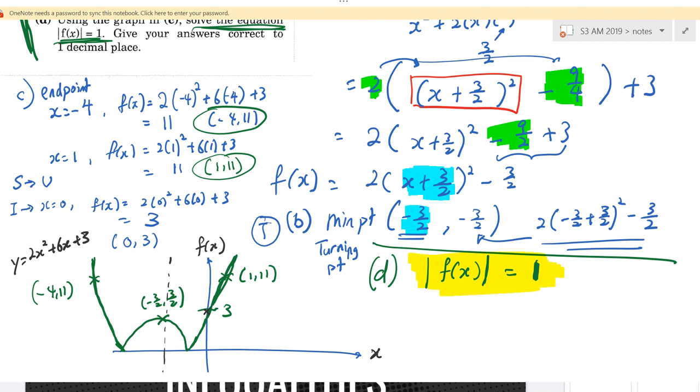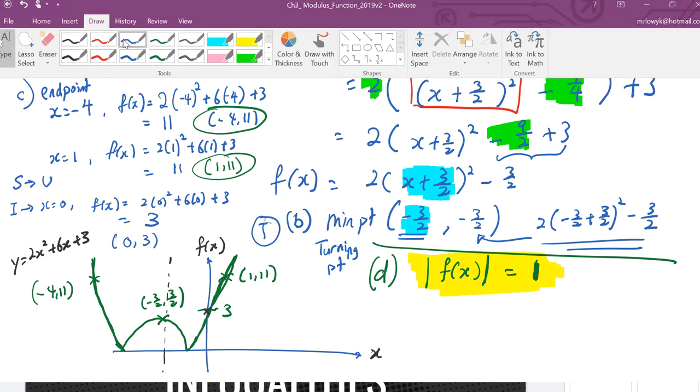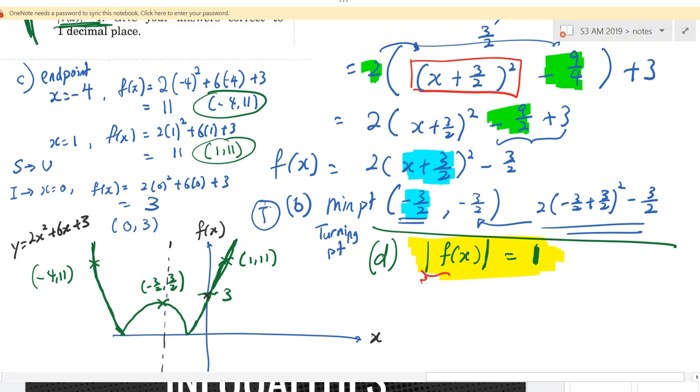Because this thing is already the graph, right? The curve. So which means I need to replace it with f(x) equals to 1. That means it is somewhat similar to y equals to 1, because the y-axis is now called the f(x) axis.